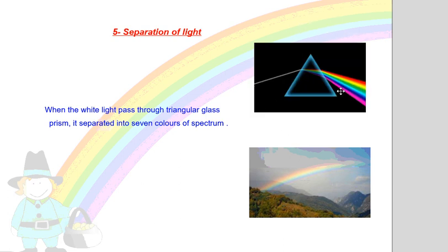These colors are called spectrum colors. We can see these colors in the sky after raining. How are these colors formed?